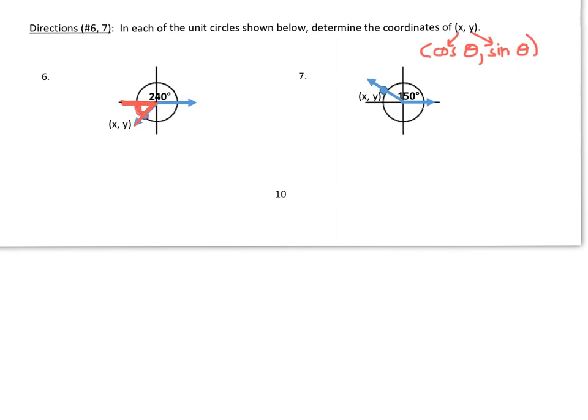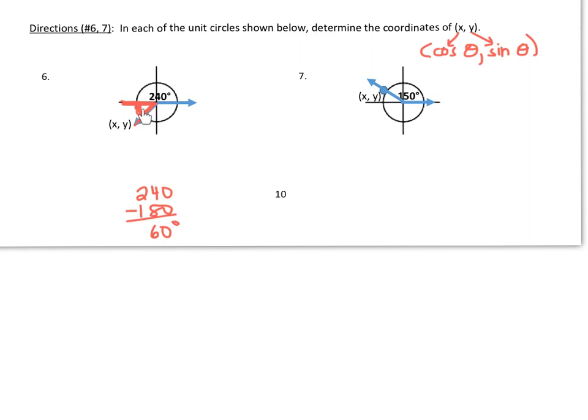Now, to find the reference angle, we know that from here to here is 240 degrees, and we know that a semicircle, a half a circle, is 180 degrees. If we take this full angle of 240 degrees and subtract off the portion of it that we know, this 180 degrees, wouldn't that just leave us with this right here, this reference angle?